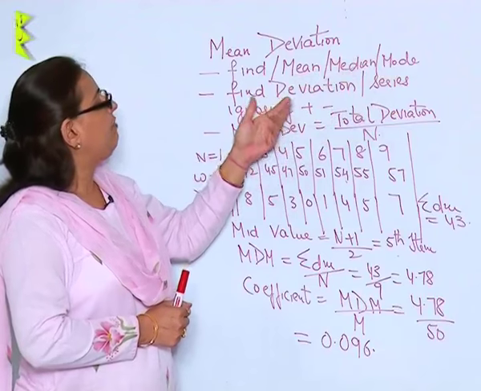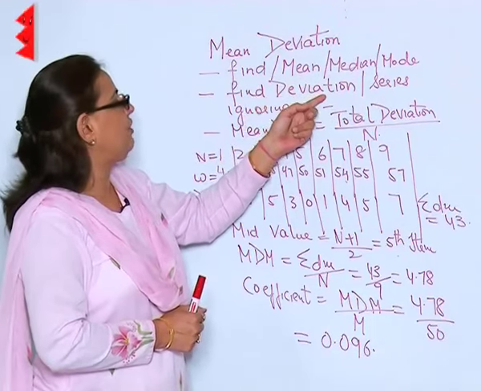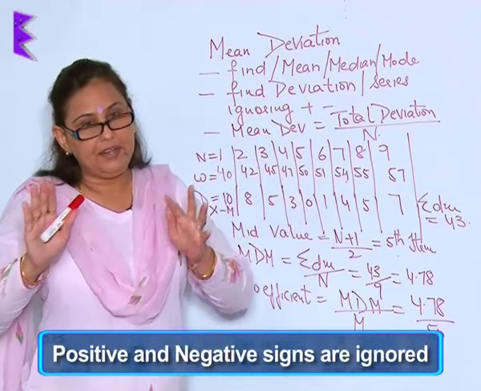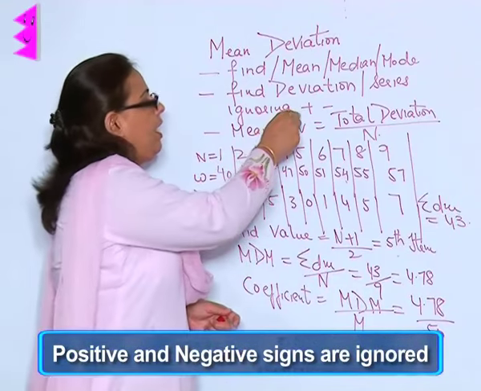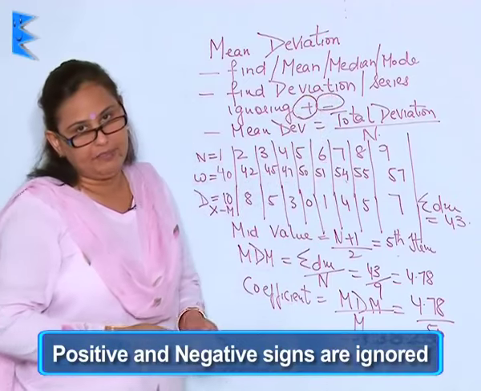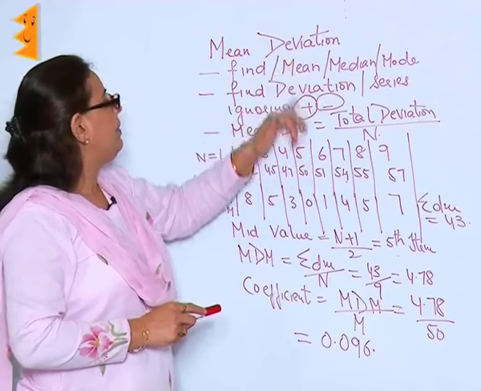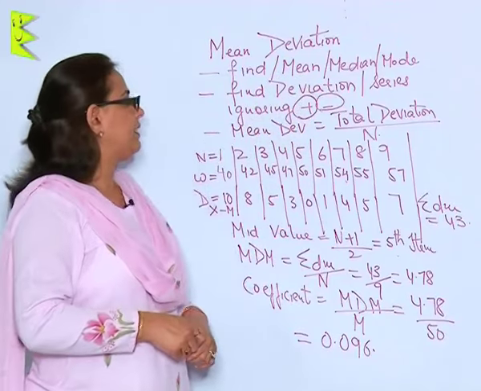Later on, we find out the deviation, and when we find out the deviation of the series, we ignore the positive and negative signs. That is, we do not take into account whether it is coming in positives or negatives. That is the characteristic of finding the mean deviation.